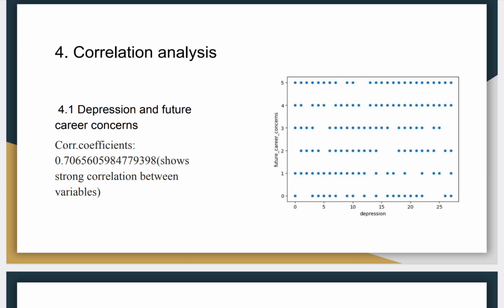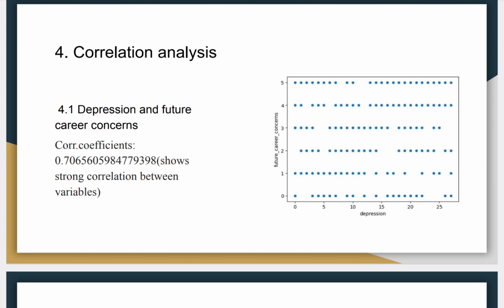We wanted to know if future career concerns and depression are correlated to each other. For example, if one falls, the other also falls. If one is up, the other is also up. So here is the plot of this data and the correlation coefficient. It is 0.70. It shows a strong correlation between variables.